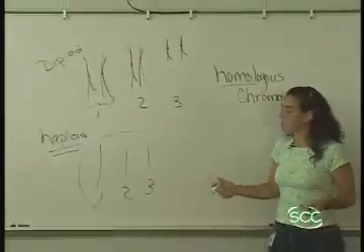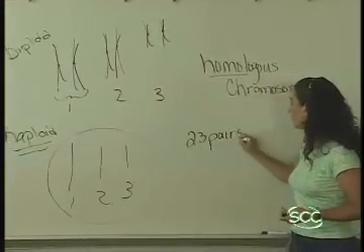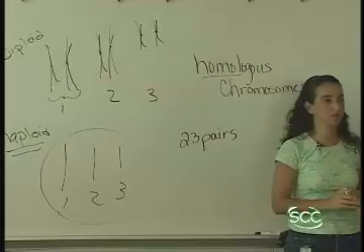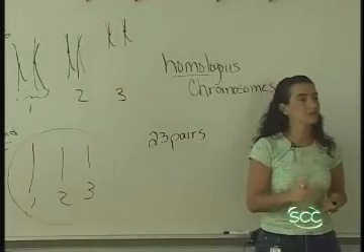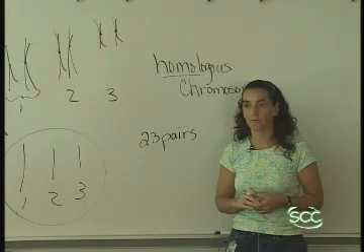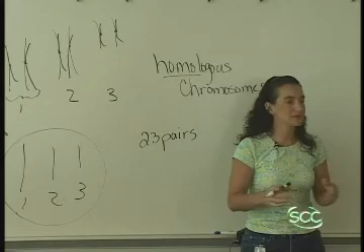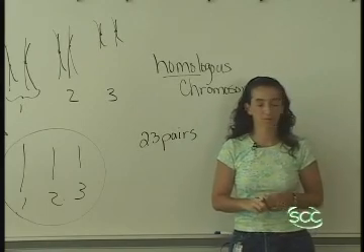Okay? We have 23 pairs of homologous chromosomes, meaning we have 23 different types of chromosomes.